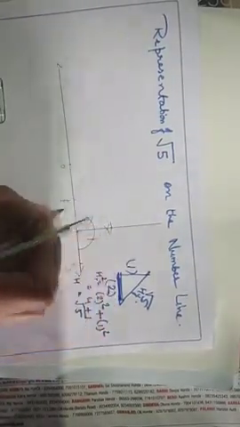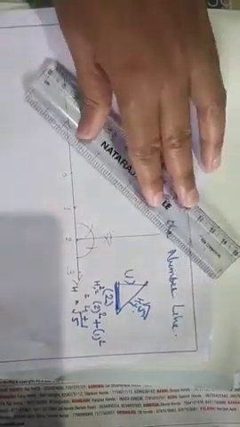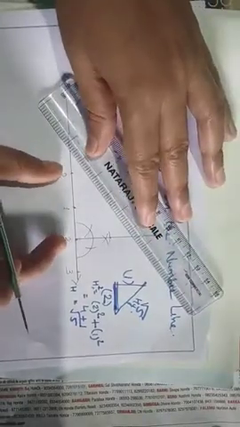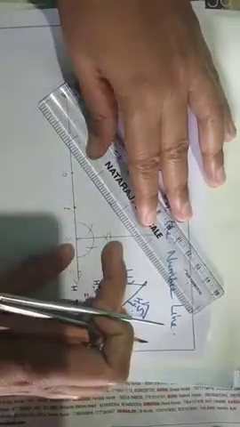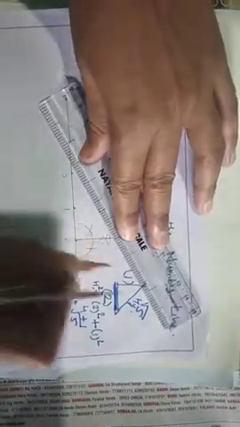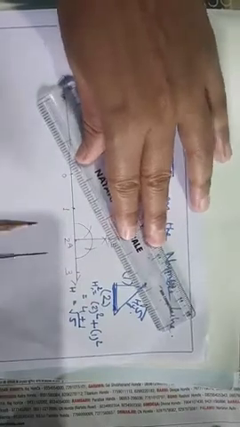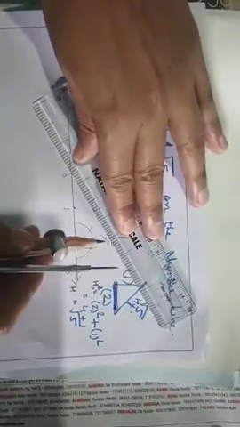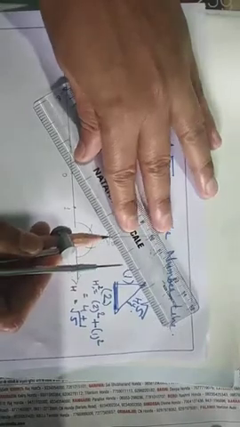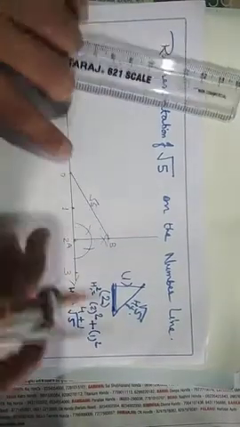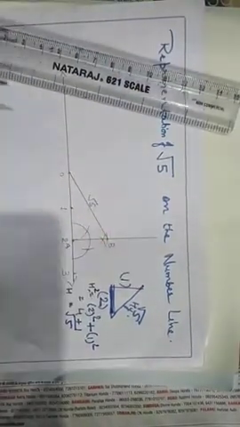Because this 2 is 2 units, from 0 to 2 units distance, and this is 1 unit. So 0 to this point, this is B, this point is A. This line, the length of this line, is under root 5.